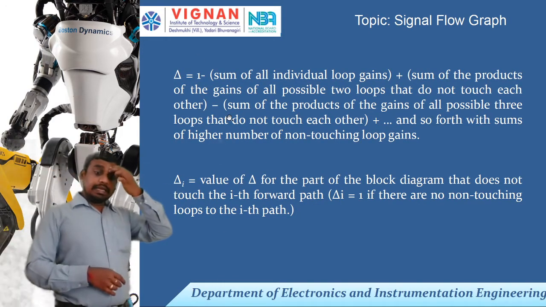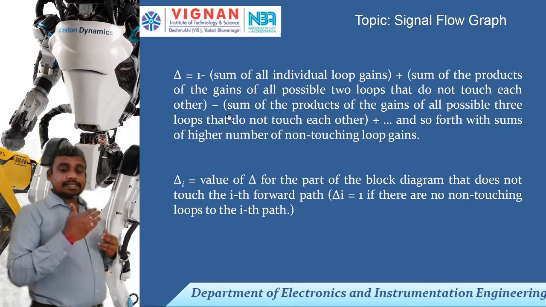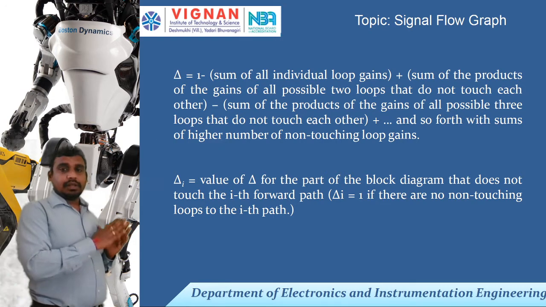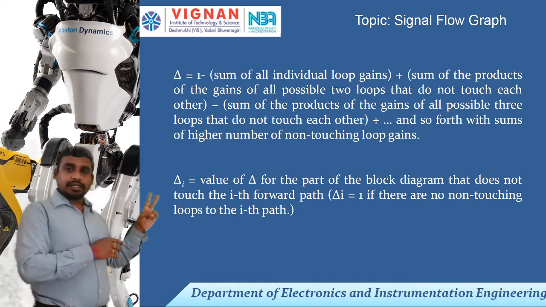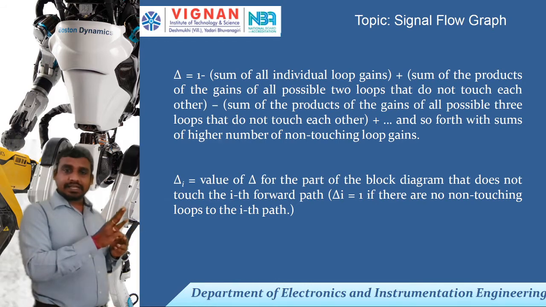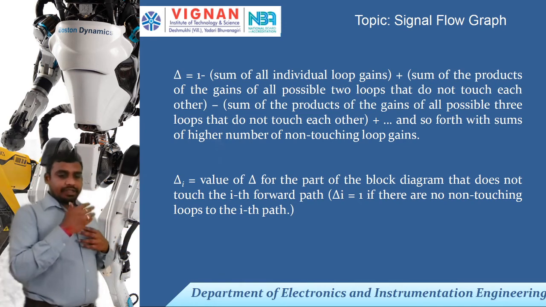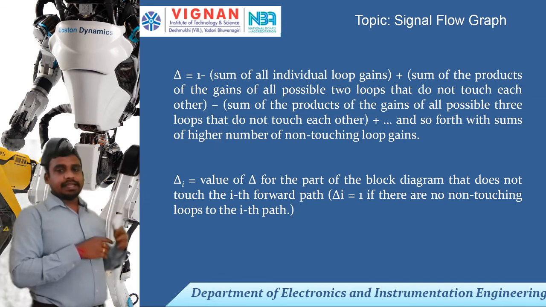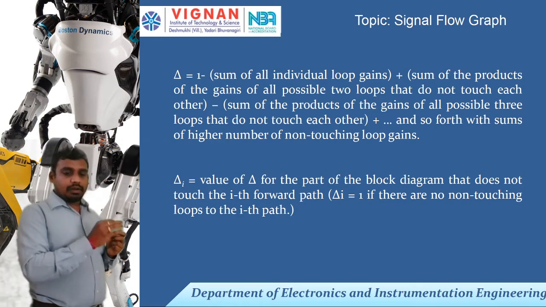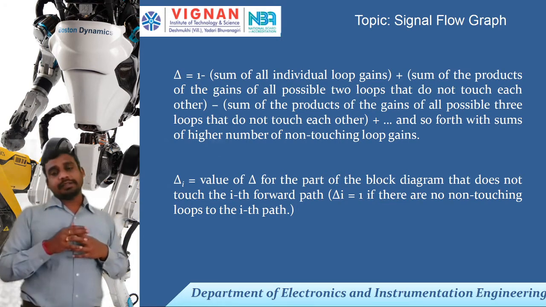Del is 1 minus the sum of individual loop gains plus the sum of the products of two non-touching loops, minus the sum of the products of three non-touching loops, and so on. Del i is represented as 1 minus the loop gains which are not touching the ith forward path.